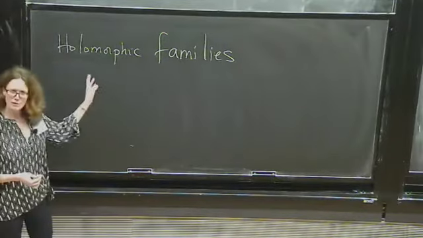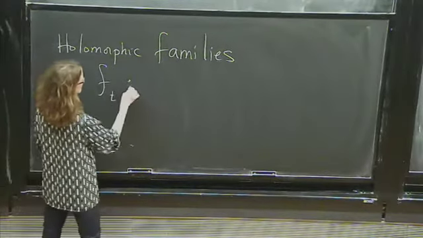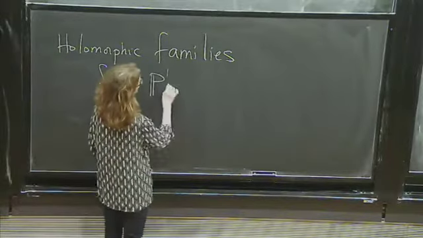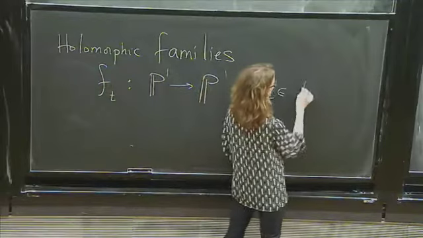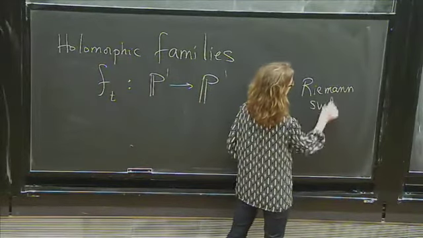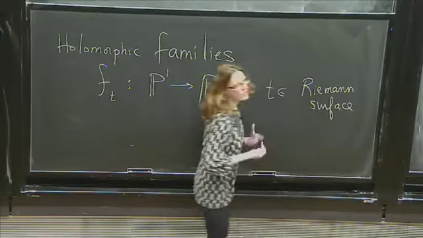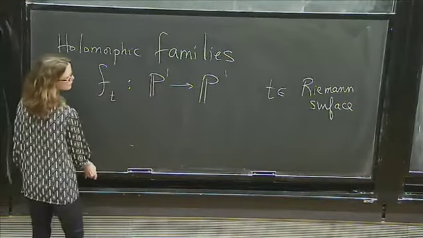Is this big enough? Can you see? Okay. So t is my parameter, and I'll think of t as a complex parameter, so it's living in some Riemann surface. I'm interested in various dynamical features and stability of such families.